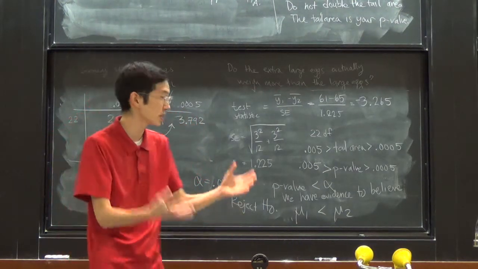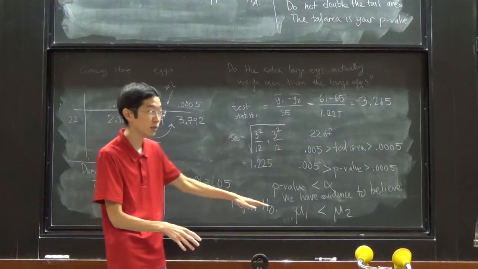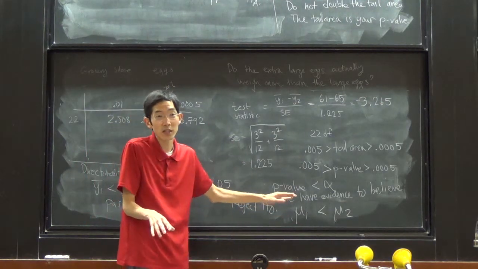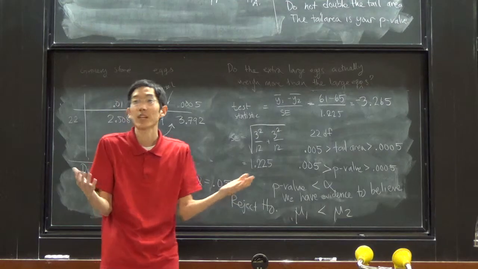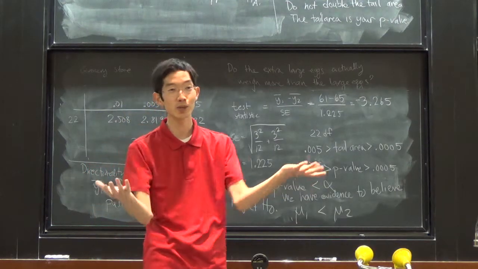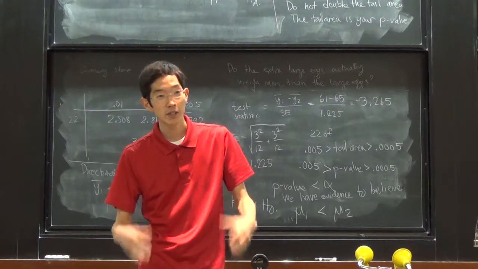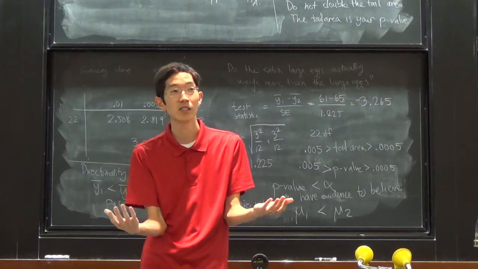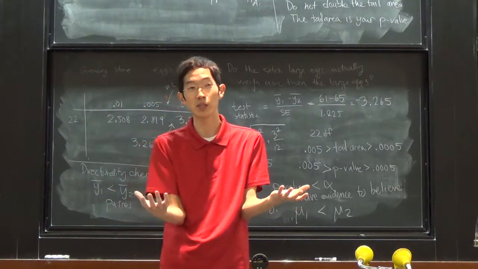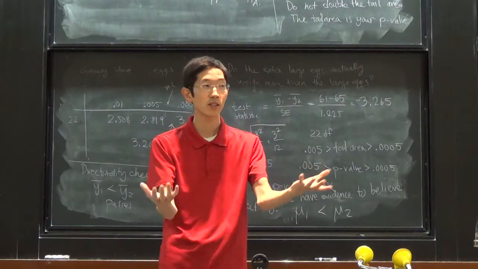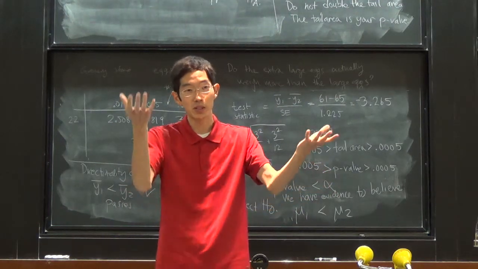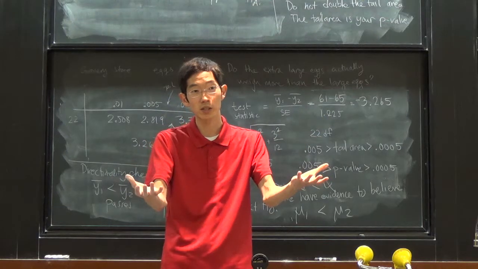So rather than saying, you know what, I probably just got really, really lucky with these highly unusual eggs, I'm going to say that gives me reason to believe they're not coming from the same pool, that there is a difference in the populations.